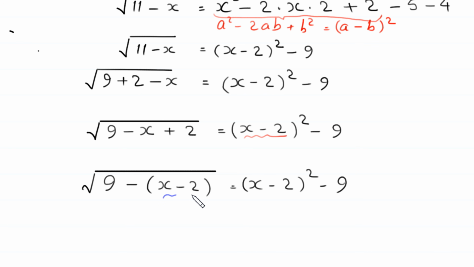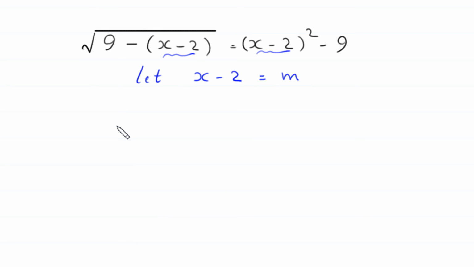Now here we have x minus 2 and here we have x minus 2. So we suppose that let x minus 2 is equal to m. We replace every x minus 2 with m, then this equation will become square root of 9 minus m is equal to m squared minus 9.